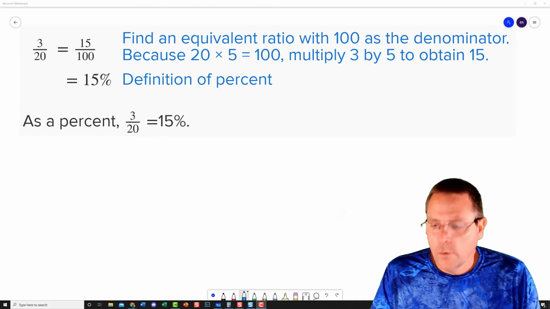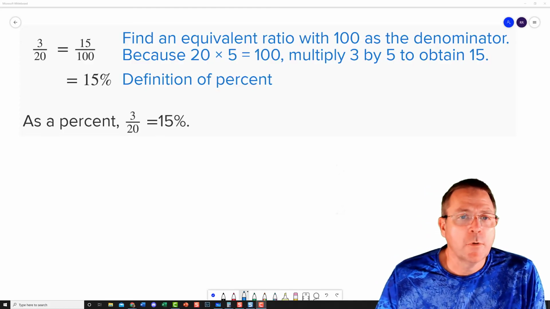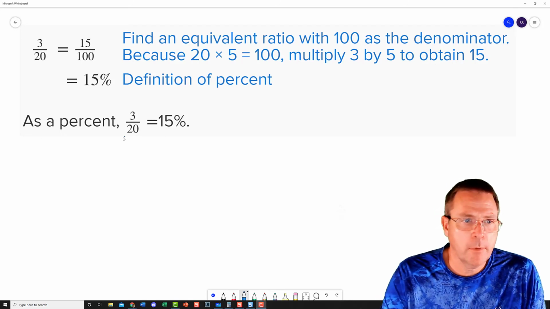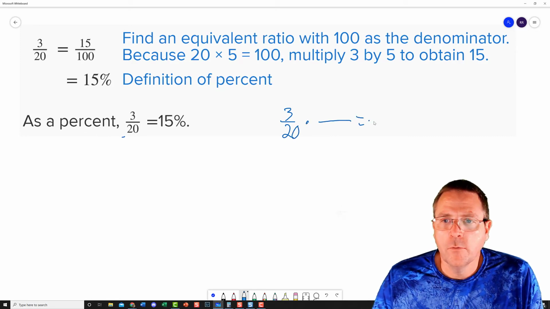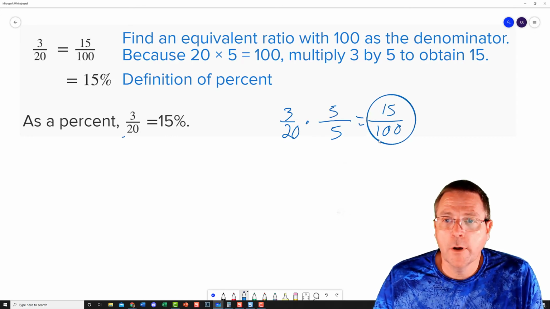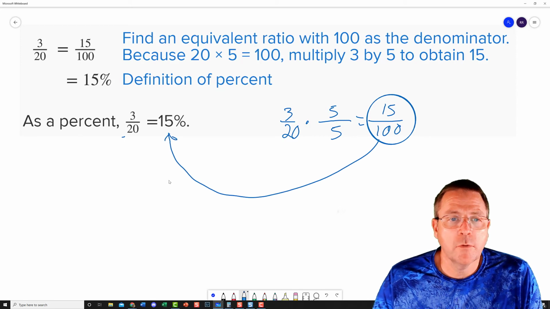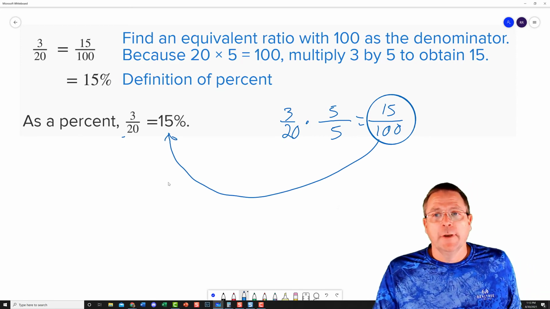So let's take a look at what they did to come up with these numbers. Now, they had 3 over 20, and they needed to get it to equal something over 100. So they said 20 times what number is 100? 5. If they do it on the bottom, they have to do it on the top, and that gave them 15 over 100, and 15 over 100 is, of course, going to equal 15%.